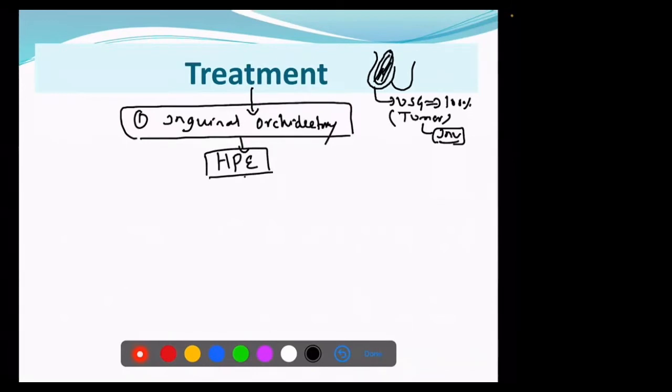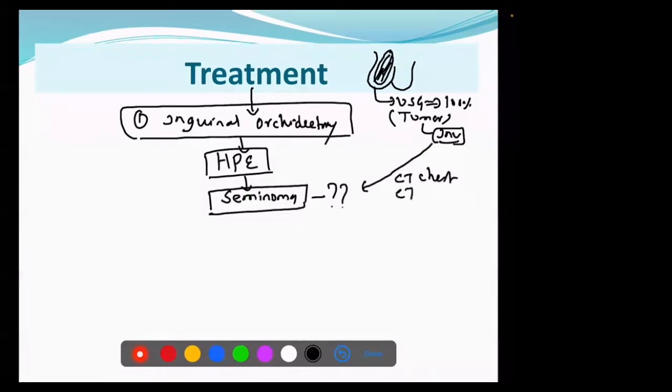And if the report comes to you as seminoma, very common variety, then what to do, right? So obviously you have done the investigations like CT scan chest, you have done CT abdomen, so you have done all the investigations. Now you know the staging. Okay.